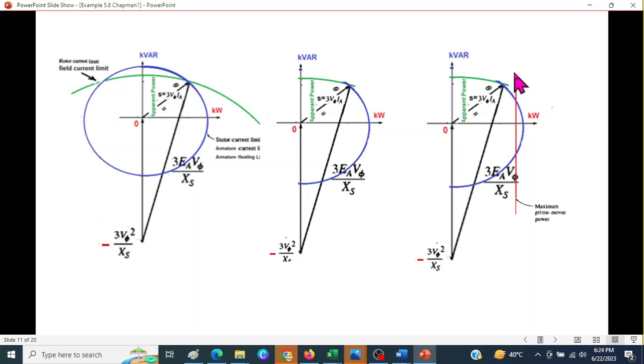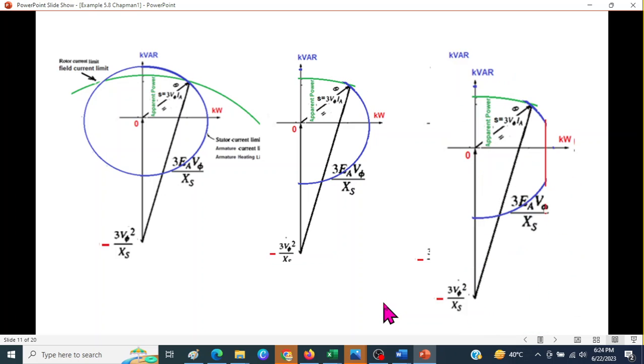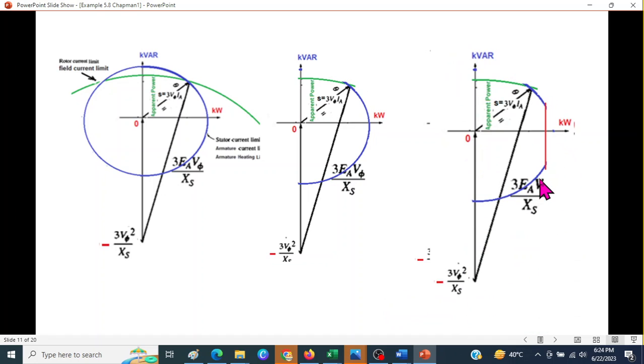So that means it is also imposing a limit. So we draw a line here, and so this part is now out. So our diagram will be now like this. This is our limitation diagram or capability diagram for the synchronous generator.